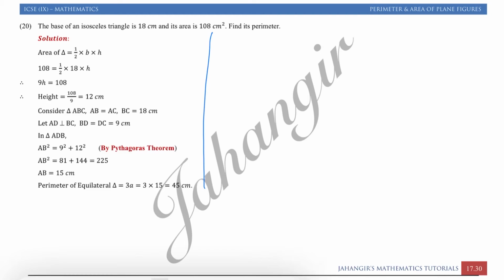Question 20. Base of an isosceles triangle is 18 centimeter. Let us draw. Here also we have to find the same thing. We will consider triangle ABC as an isosceles triangle in which AB and AC are equal sides.